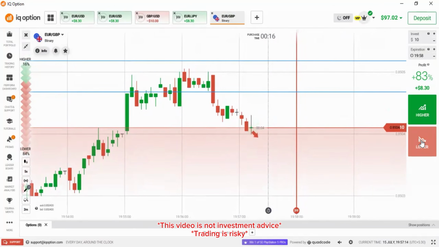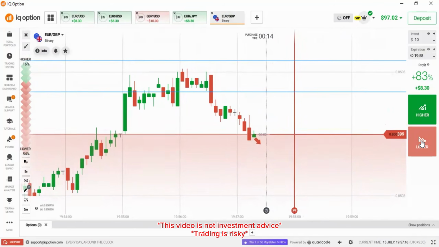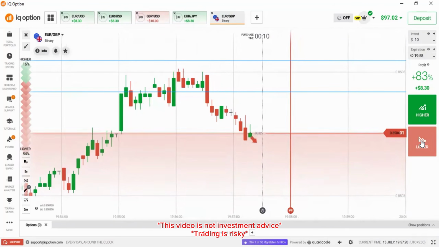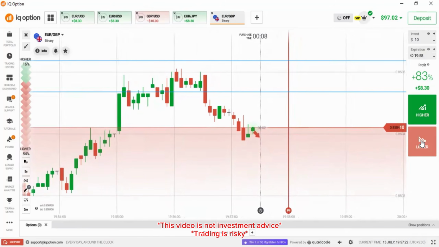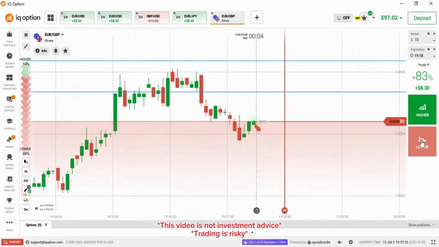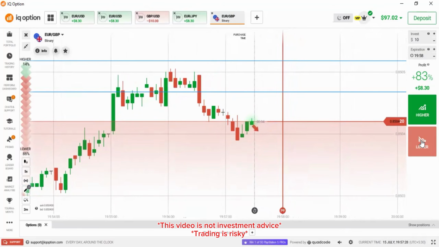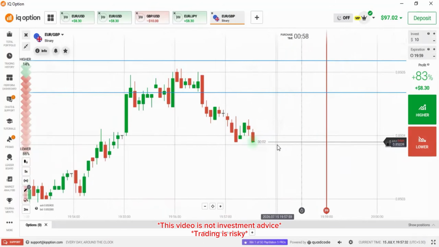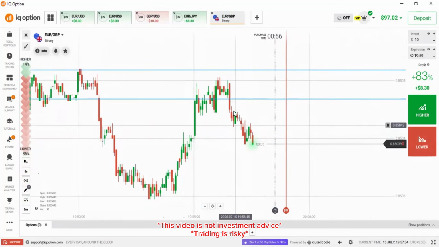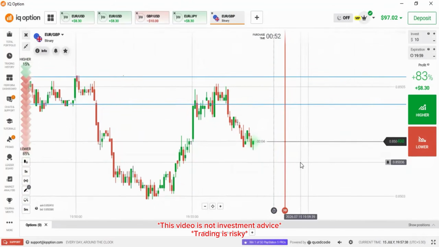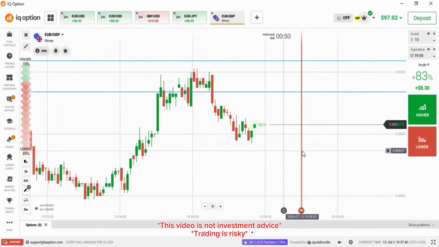Okay, so at least from this point is good. So it made a low. That's why I wanted to place my trade here, a lower option trade, but it didn't give me a proper entry point to take a trade.